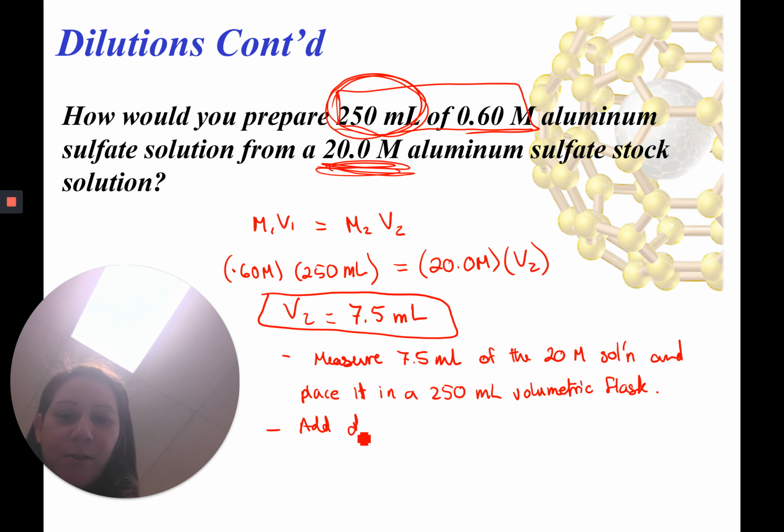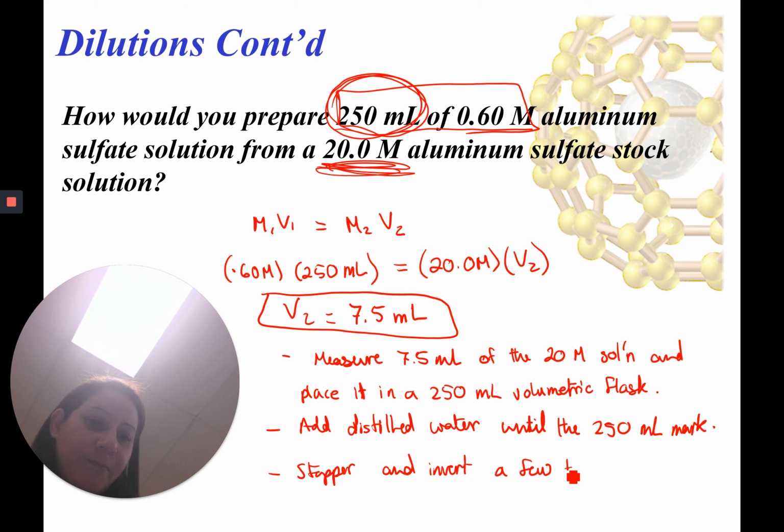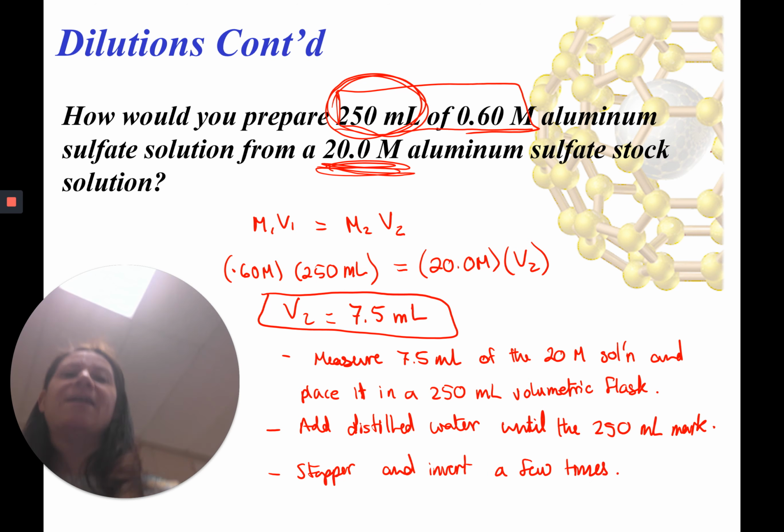Add distilled water until the 250 milliliter mark. Stopper and invert a few times. And that's how you make your solution.